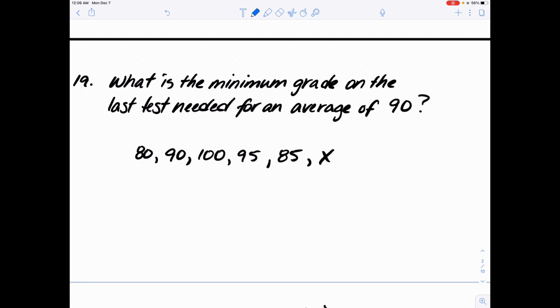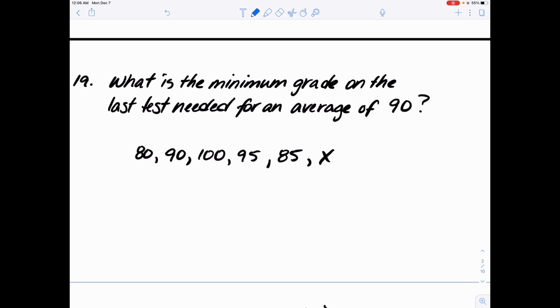Question number 19 is very similar to the other example. It's just worded differently. This says, what is the minimum grade on the last test needed for an average of 90? And then we have our test grades here: 80, 90, 100, 95, 85, and our missing value. So let's get started.